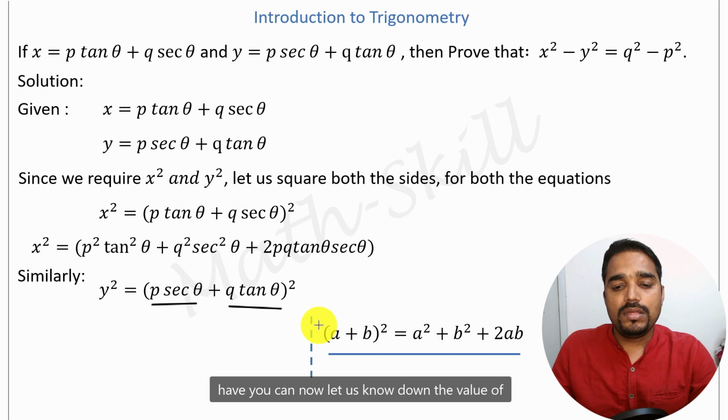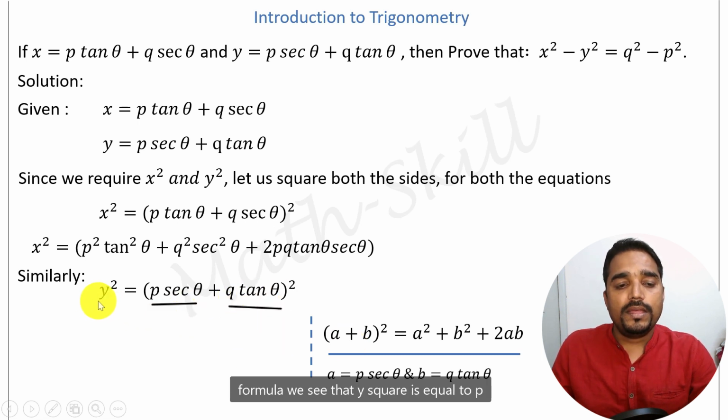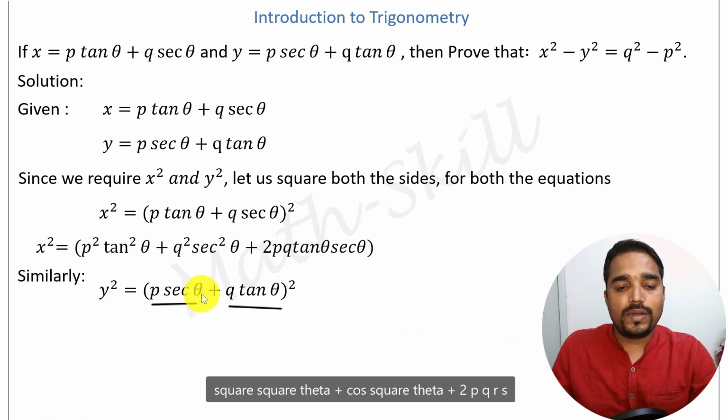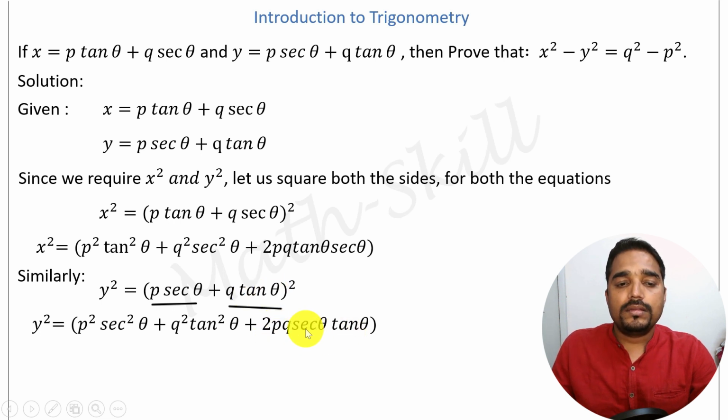Now let us note down the value of a as p secant theta and value of b as q tan theta. Upon application of the formula, we see that y square is equal to p square secant square theta plus q square tan square theta plus 2pq secant theta tan theta.